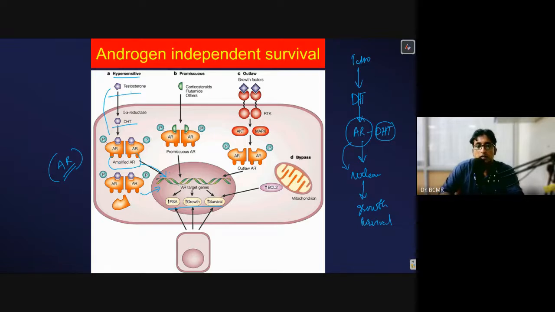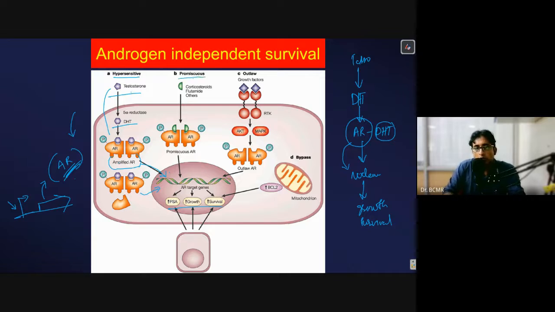Having a higher number of androgen receptors is the problem here. Everything else is normal. And how can you have a higher number of androgen receptors? By direct or indirect means. If some mutation happens that is influencing the expression of the androgen receptor, then it will become hypersensitive.